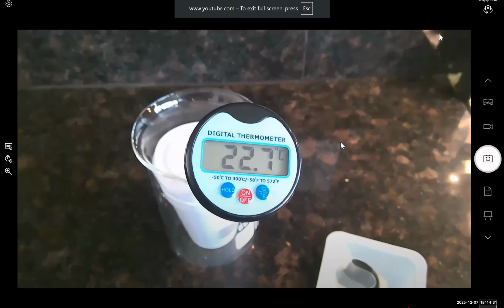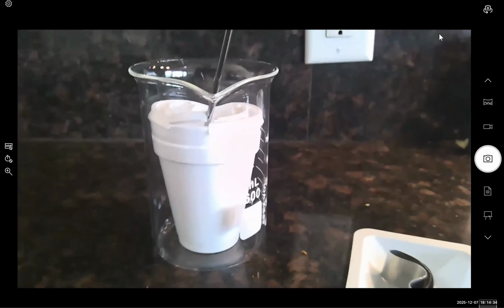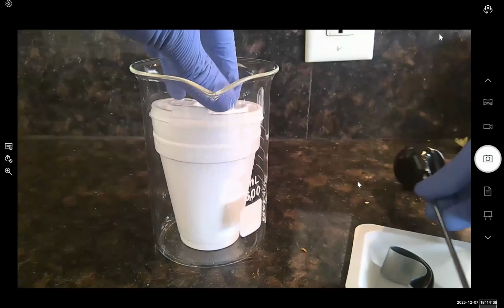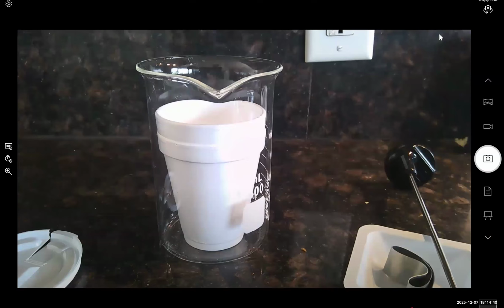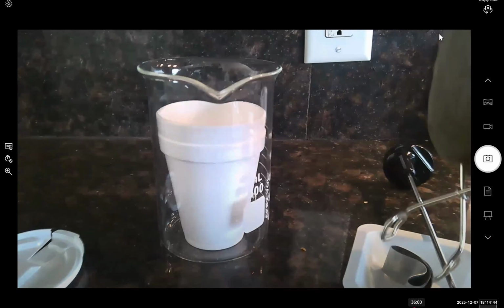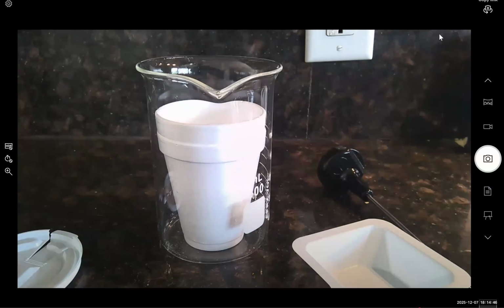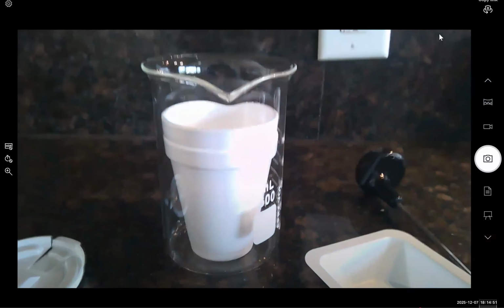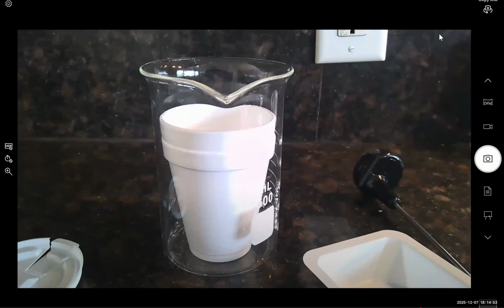We're now ready to start heating the metal piece. So I'm taking the metal piece and heating it again in the boiling water bath. We're going to let that metal piece heat in the boiling water bath for about 10 minutes.